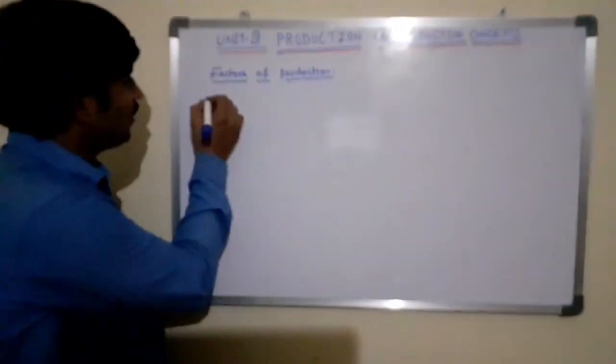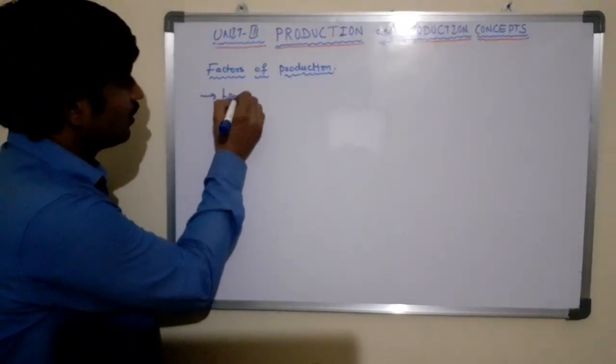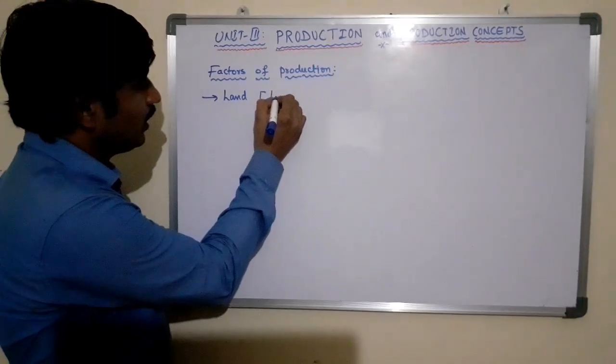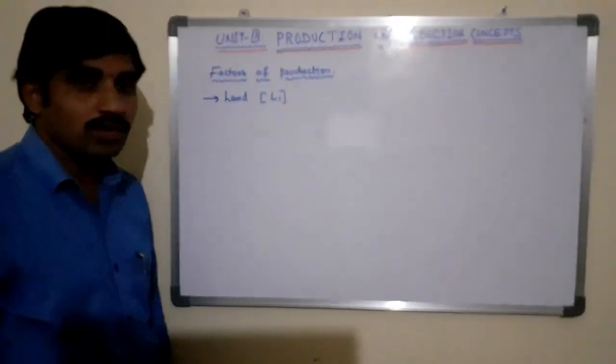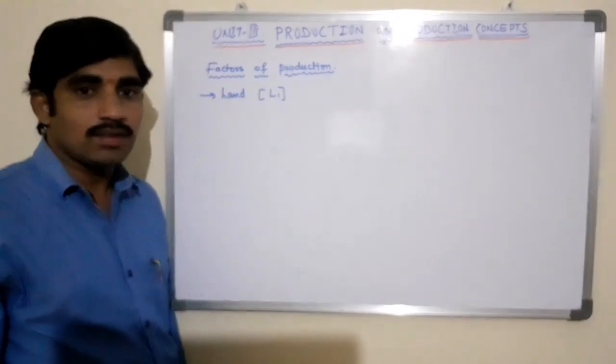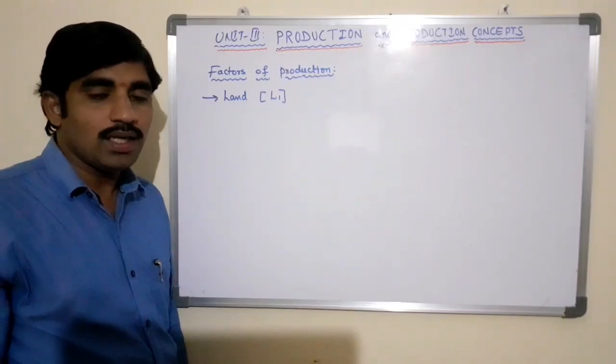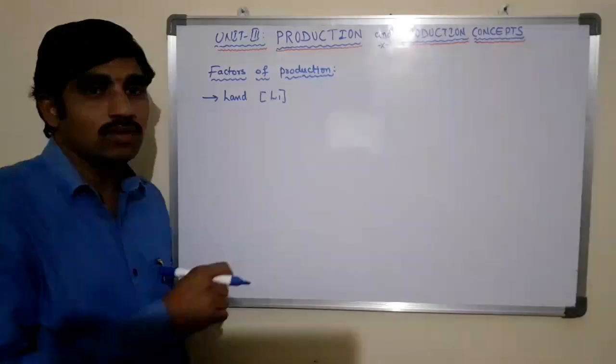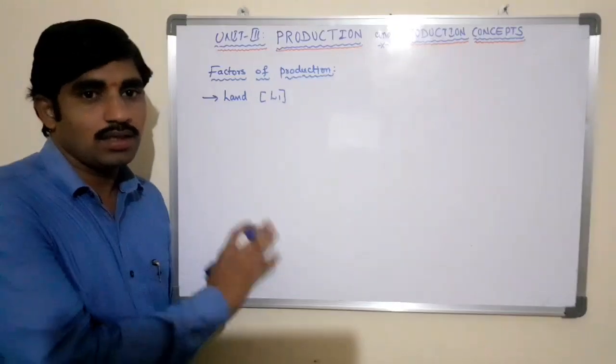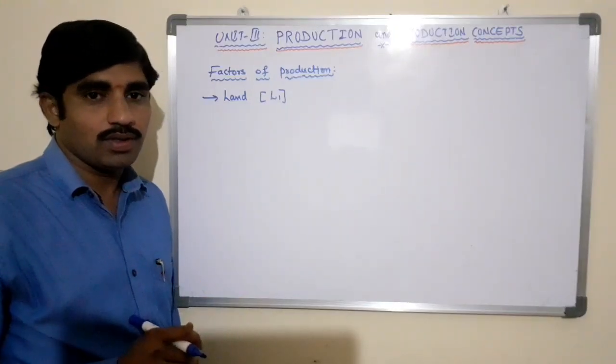What are they? The major factors are land, which is denoted by L1 in the production function. Land is the natural resources, and everything relating to land comes under land.